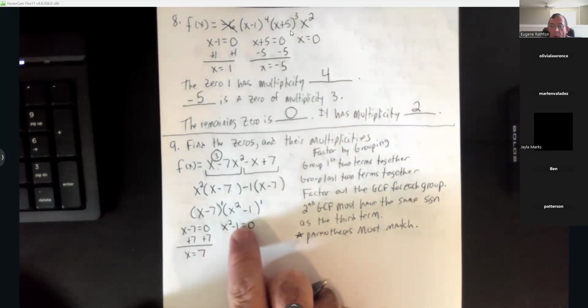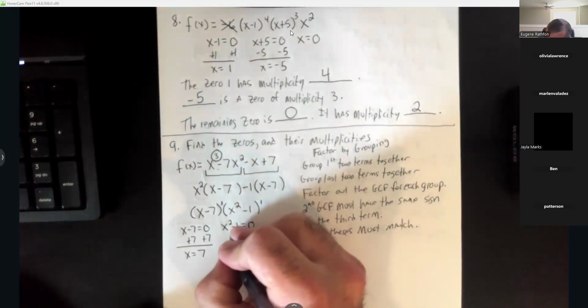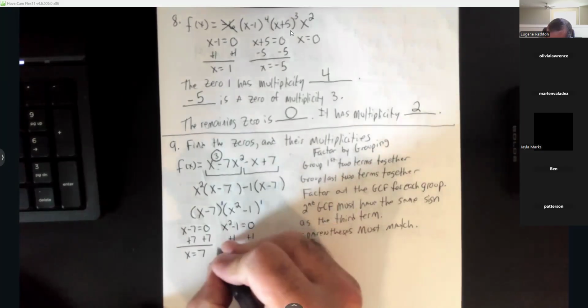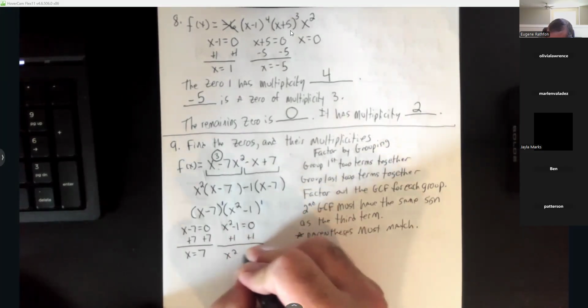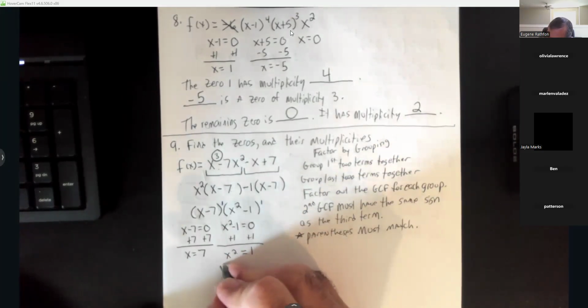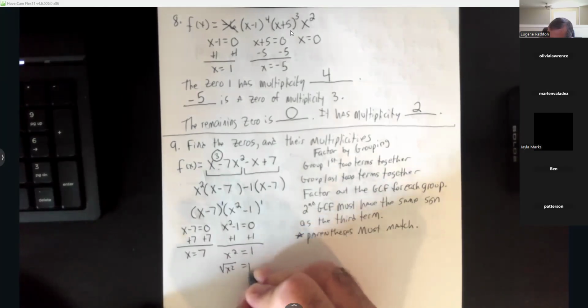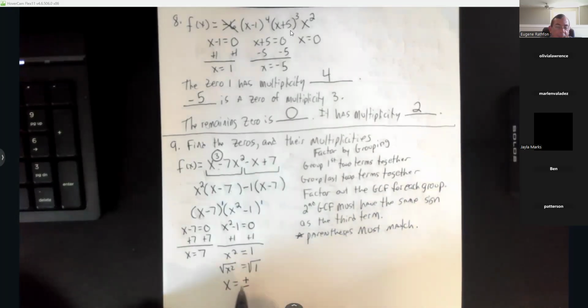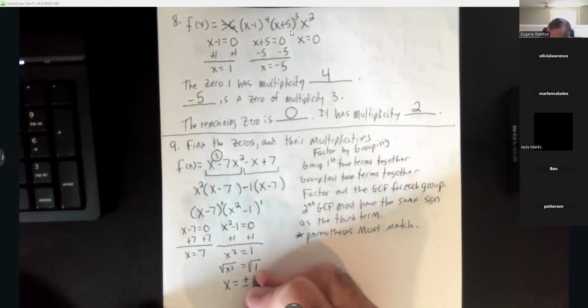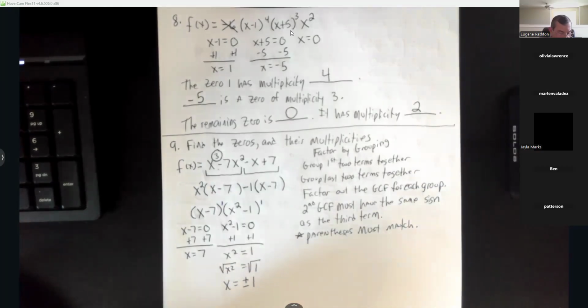This one, I got an x squared and a number, so I'm going to add 1 and do my square roots. All right, so square root both sides. So that's going to give me x equals a plus or minus square root of 1 is 1.